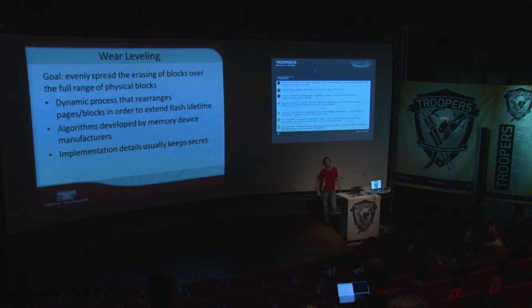And here is where the wear leveling algorithms come in. These algorithms aim to keep the average wearing of the whole flash at the same level. So every page of flash in ideal conditions should be erased an equal number of times.